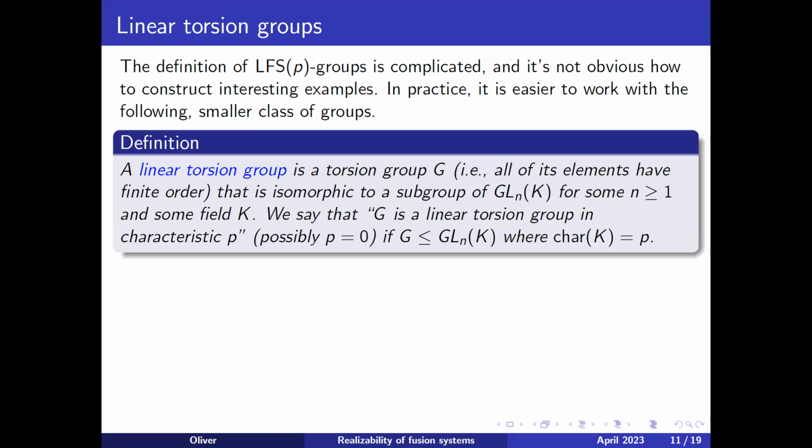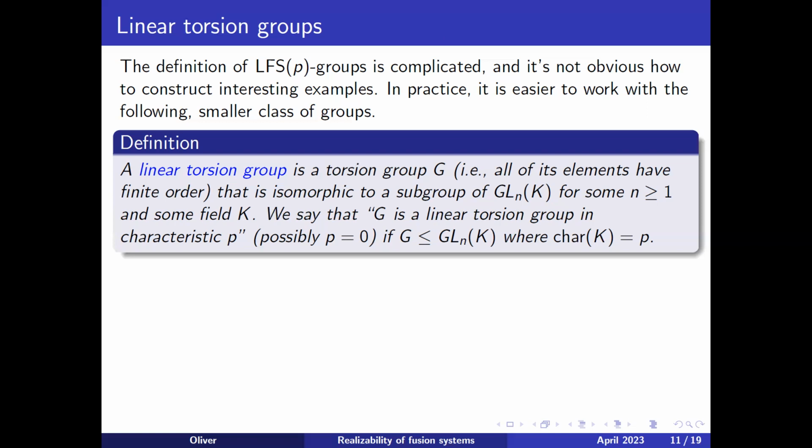So we talk about linear torsion groups in characteristic p, meaning that they're contained in a general linear group over a field of characteristic p.